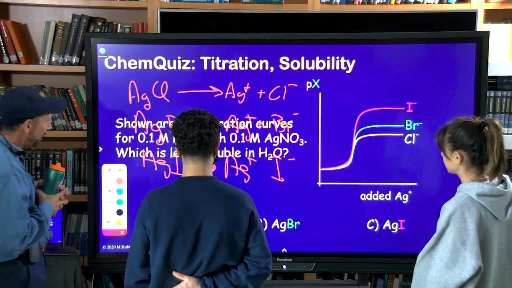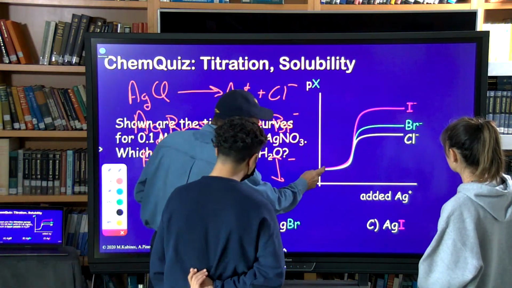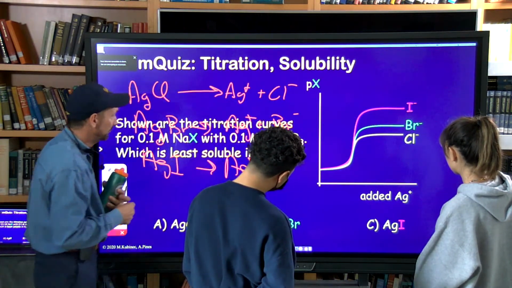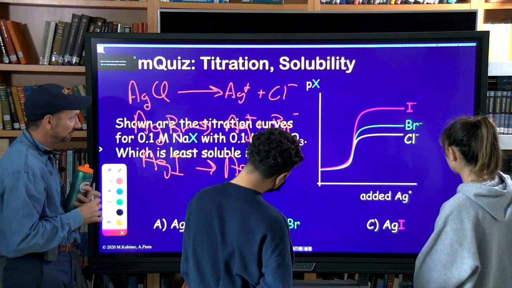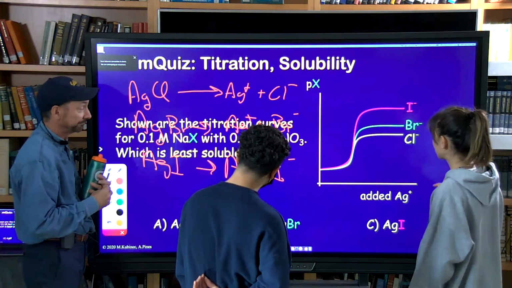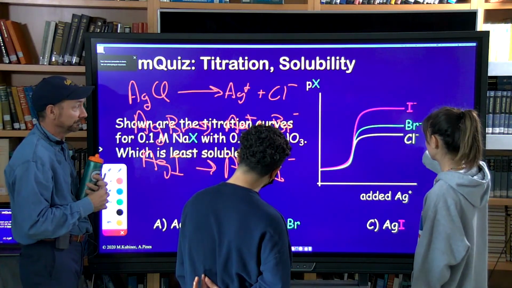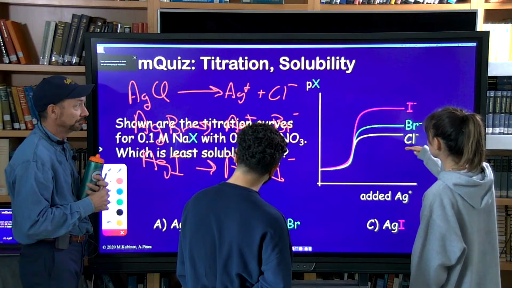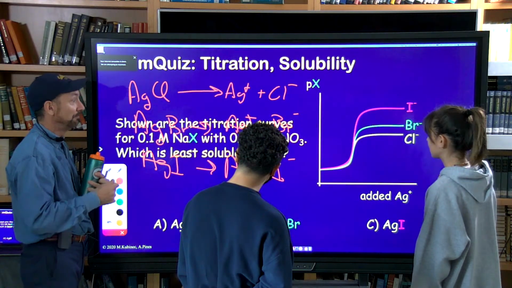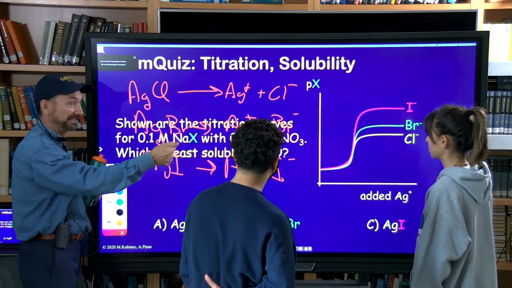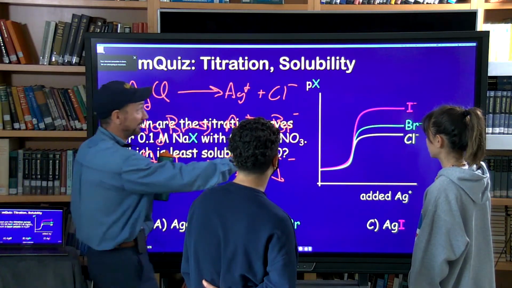So if you wanted to say, I start out with the concentration of chloride, bromide, and iodide, and they're all the same, and why is that? Oh, I have an idea. I think it could be chloride because it goes to the least pX, which is the most X. You want to say acidic, but they're not acid.